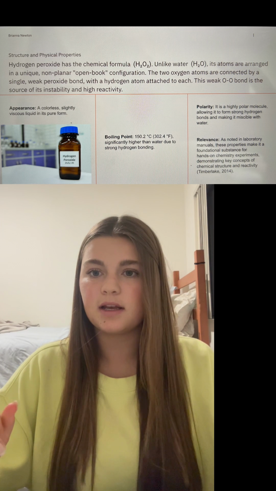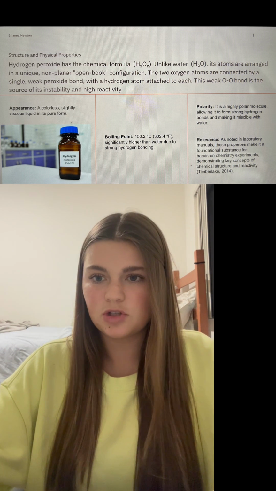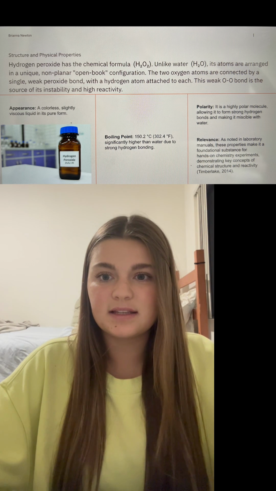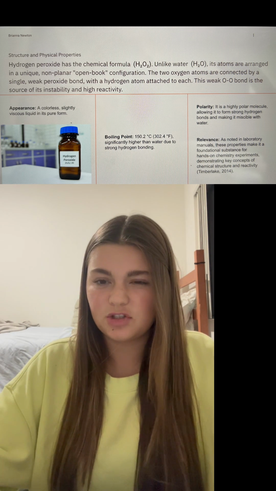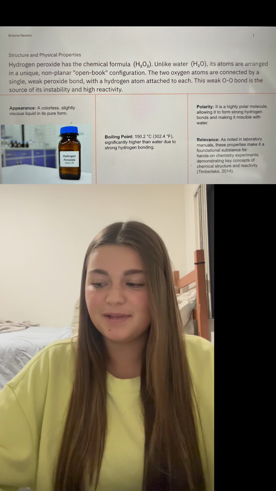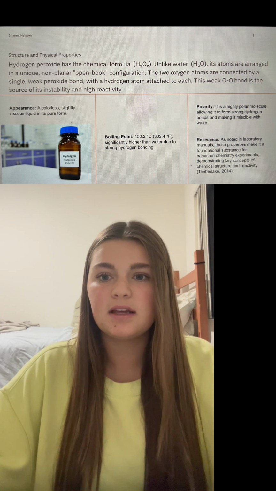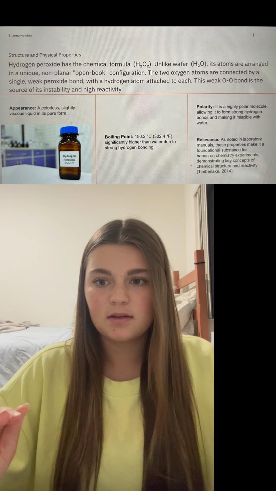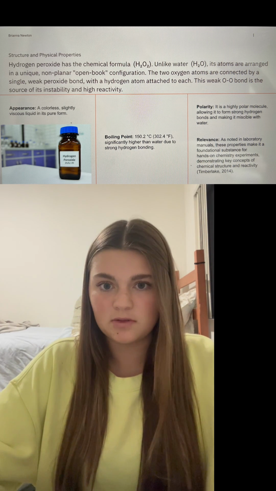Hydrogen peroxide appears, as seen in this picture, as colorless and slightly viscous, which means it can be sticky and kind of more like a thick solution once it's in its purest form.